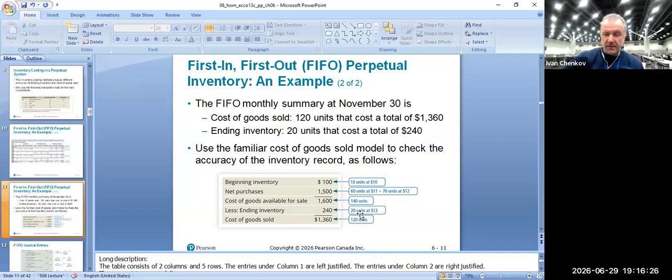Then we're going to deduct the 20 units that are left at the cost of the very last purchase at $12 per unit, which is $240. And the remaining is going to be our cost of goods sold, for which we sold 120 units. And the cost of those 120 will be 1,360.